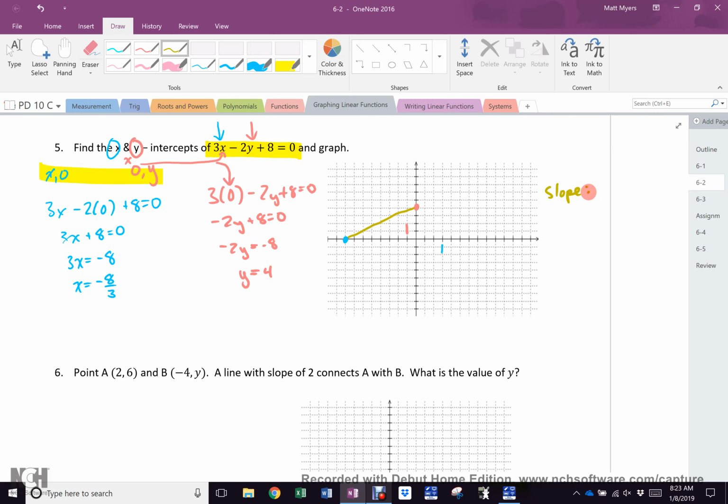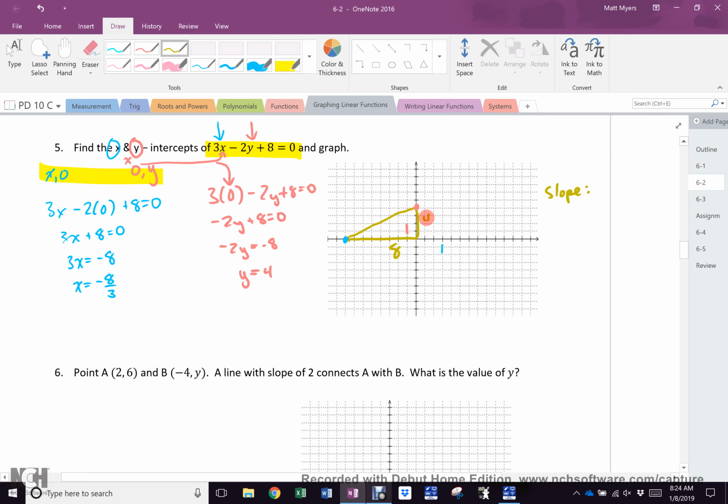Now, obviously, you know that because I've stopped and made a big deal out of it, it's not as simple as it seems, right? It's not this, 4 over 8. Why? The x-axis is in thirds, right? It's still rise over run.